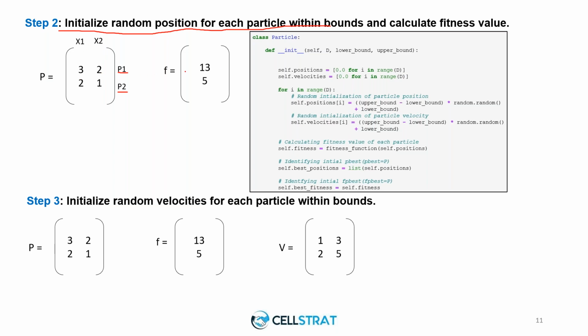Then you calculate the fitness for each particle. It was x1 square plus x2 square, so it's 3 square plus 2 square, which is 13, and 2 square plus 1 square, which is 5. Then you initialize random velocities for each particle within the bounds. I've defined a class called particle, and I'm doing the initialization of positions and velocities.